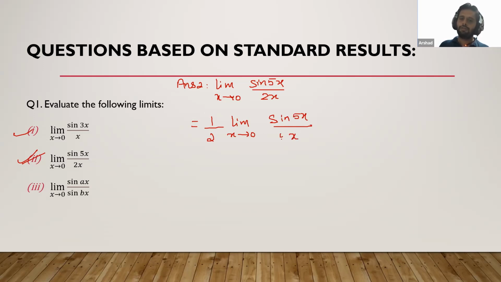Now these two are different, so we will multiply and divide by 5. 5 is a constant, shift it outside the limit. So 5 by 2 times the limit x tends to 0 of sine 5x by 5x. So this is equal to 5 by 2 into 1. The final answer is 5 by 2.